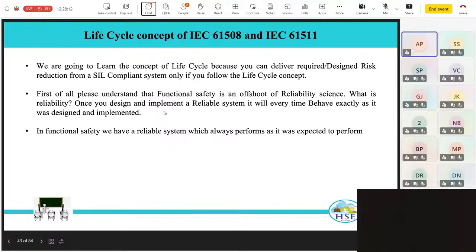So first of all, please understand that functional safety is an offshoot of reliability science. What is reliability? Once you design and implement a reliable system, it will every time behave exactly as it was designed and implemented. In functional safety, we have a reliable system which always performs as it was expected to perform.